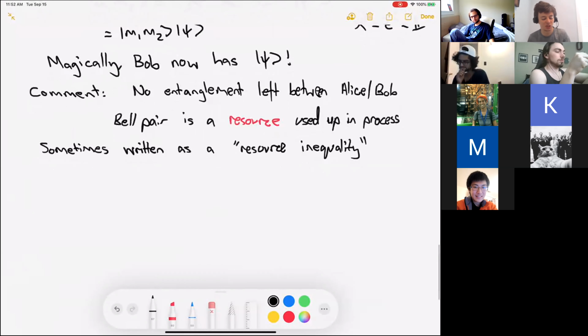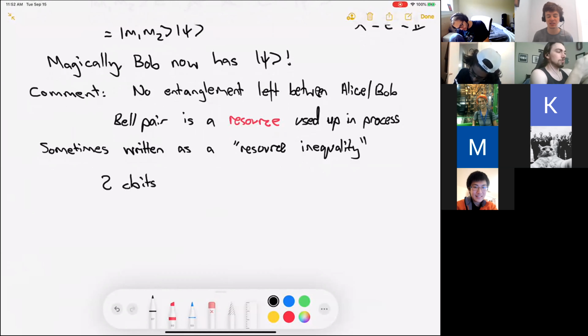We used two classical bits, right? We sent two classical bits from Alice to Bob. We used up our ability to do that. If we had some finite number of, like, three messages we were allowed to send from Alice to Bob, we used up two of the classical bits that we were able to send.